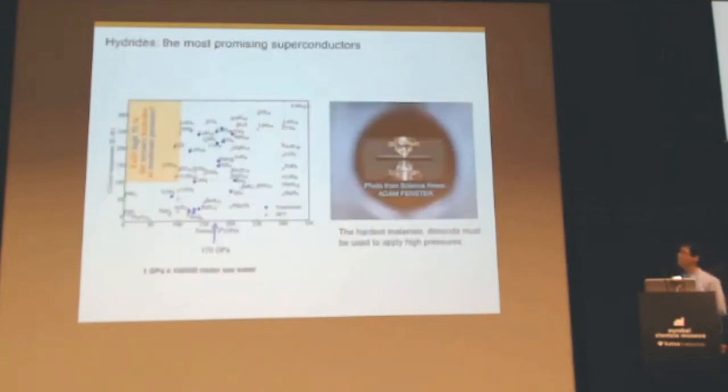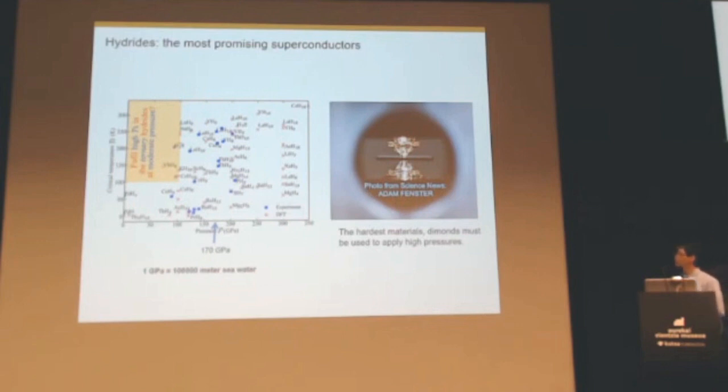And the most promising room temperature superconductors could be the hydrides because they have a relatively high critical temperature. However, as you can see in the left figure, if we want to achieve a relatively high critical temperature, we have to apply more than 170 gigapascals of pressure.